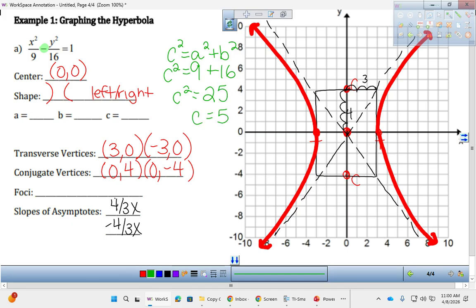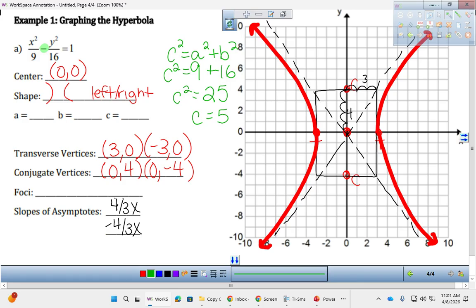Now, because the graph opens this way, because the focus is inside, I need the focus to be somewhere here, which is the x direction rather than up and down. So the foci go the same direction as the transverse did. Transverse comes first. What came first was the x.